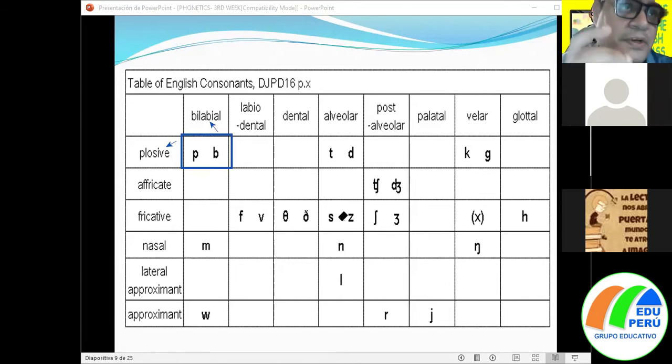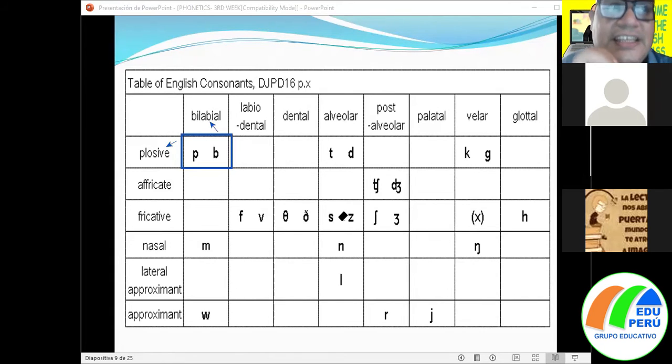Plosive or stop, manner of articulation. Don't forget it. Bilabial plosive: the first sound is voiceless, the second sound is voiced. Both sounds are bilabial, both sounds are plosive.